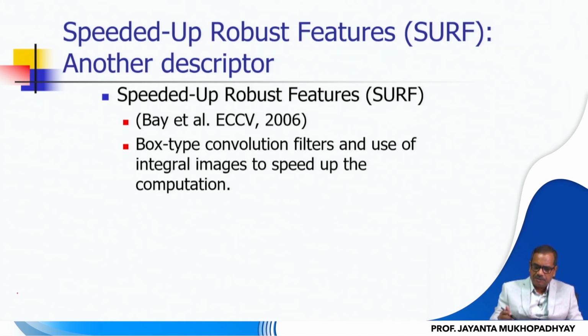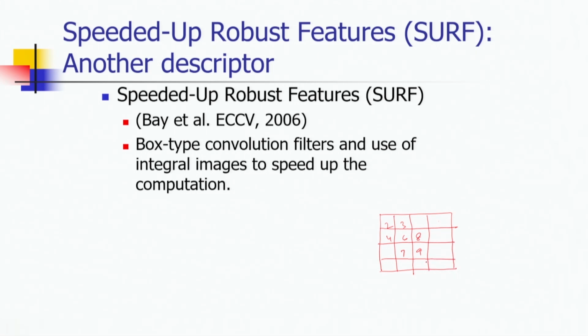As you know, filter responses, their impulse responses, are usually shown by masks, and the masks have weights. So for example, I can put some weights, say 2, 3, 4, 6 like that, and then these weighted averages are used. You can make the sum of the weights or whatever proportional value would give you the filtered image.